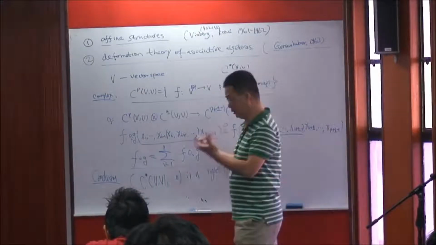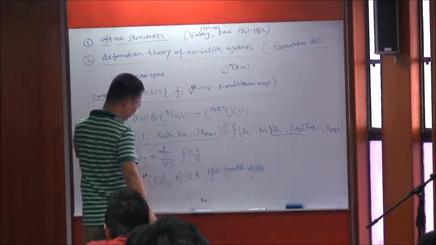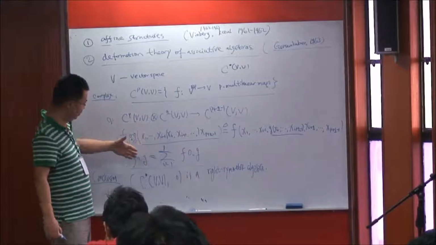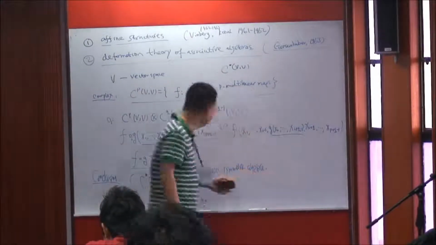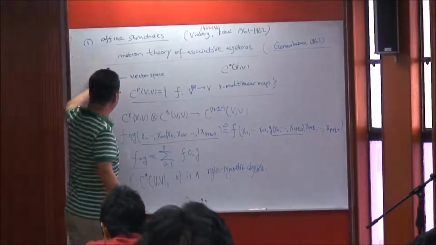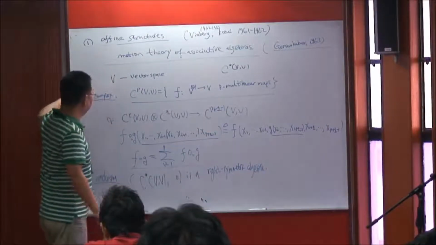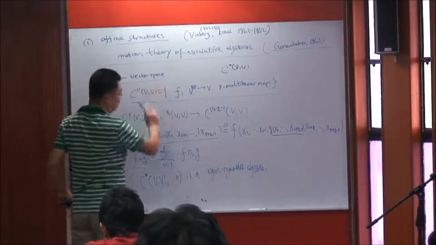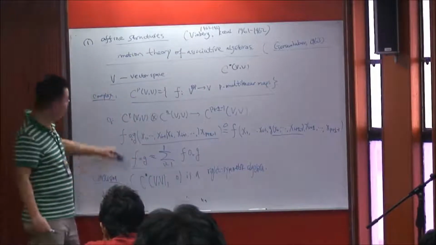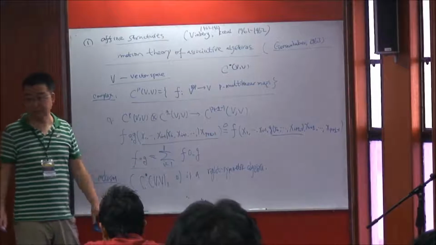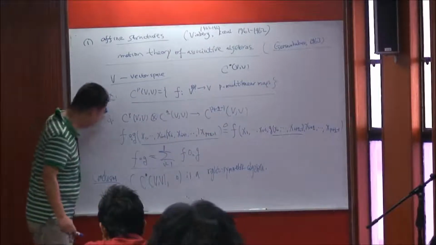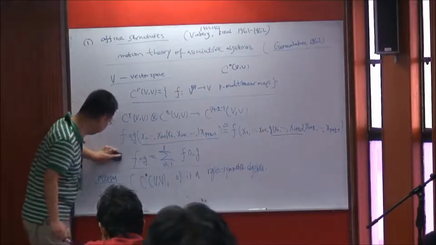So you can see the structure is very natural, and the structure is also important. This also depends on any vector space, for the infinite dimension. It is related to the information theory of the associative algebras. So we use these structures.